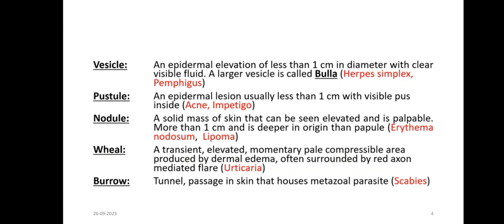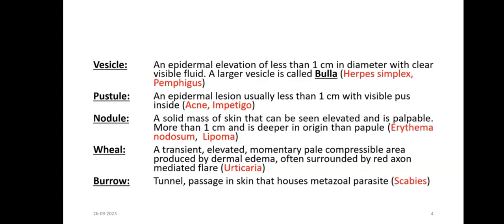All these lesions have fluid in them, but are not much bigger in size. That is, 1 centimeter or smaller is called a vesicle, and one larger than a vesicle is called a bulla, which we usually term vesiculobullous lesion.